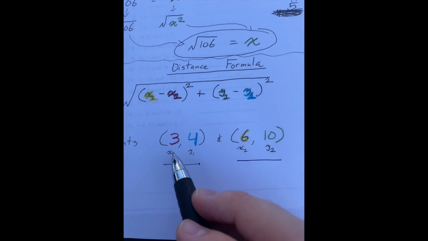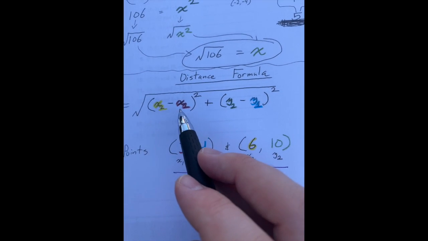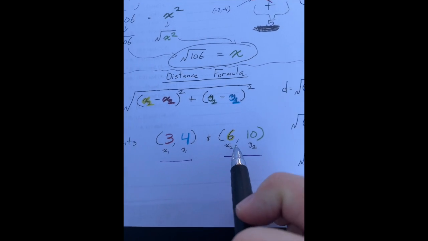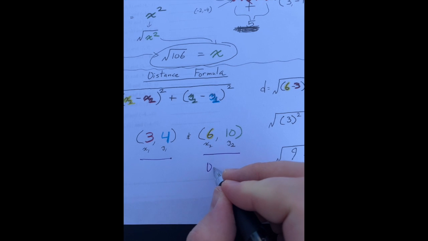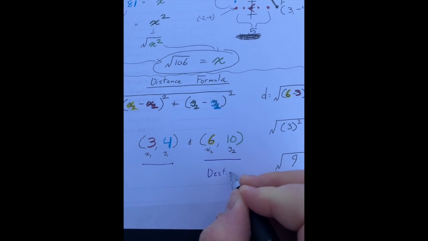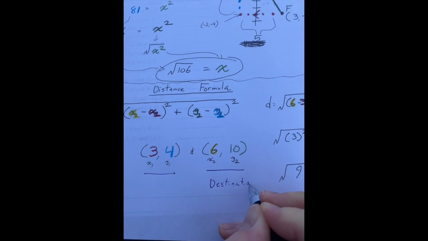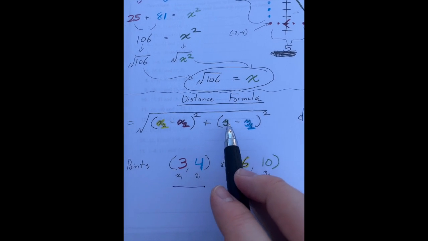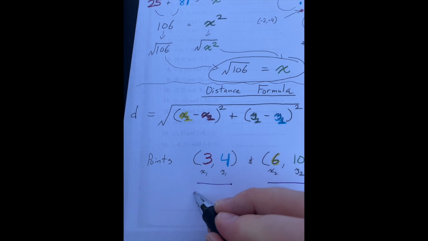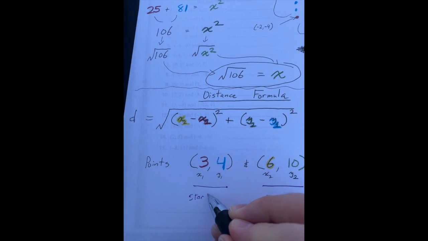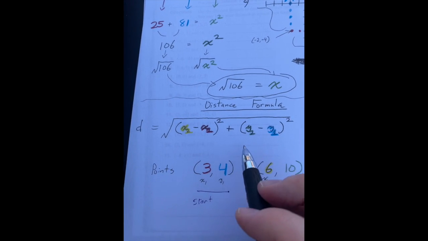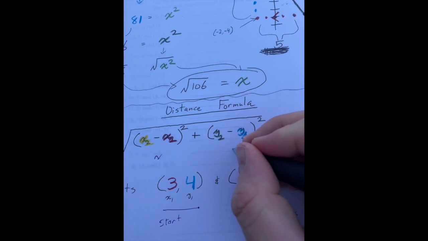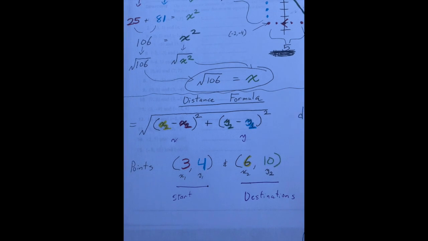So the x's are going to go in one box of parentheses together, the second one always being first. So the destination points are going to be written first, and then the starting point coordinates are written after. So this is where the x's go, and this is where the y's go.